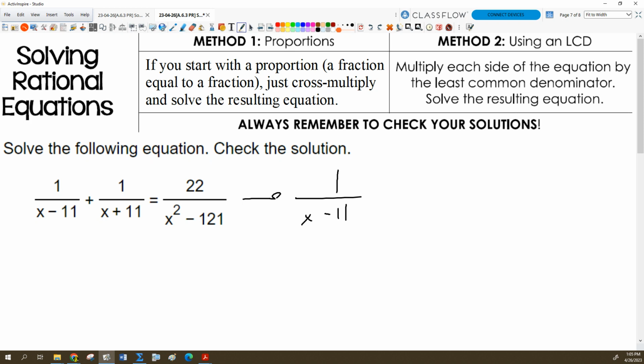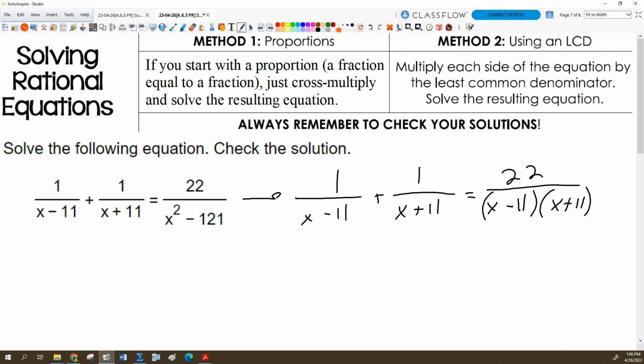Nothing to do there. Next one's already prime, plus 1 over x plus 11 equals 22 over what? What does x squared minus 121 factor into? Yeah, that's the difference of squares. X squared minus 11 squared, right?